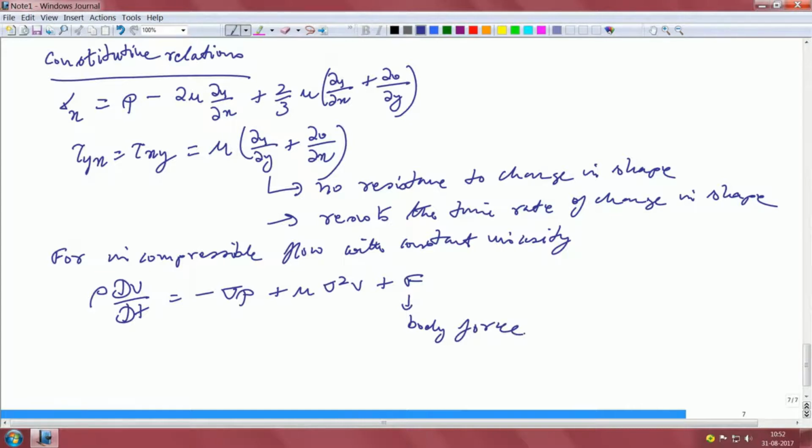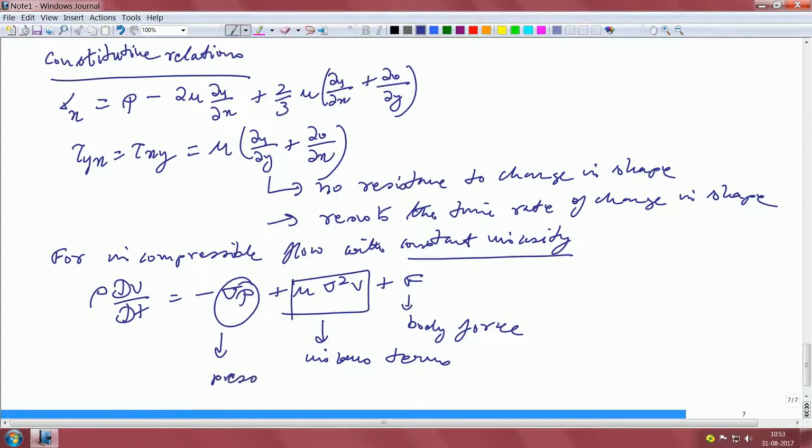using the constitutive relationships, and for constant viscosity, this is the term that you are most familiar with. This is the Laplace of the velocity field, which is basically the viscous terms. These are the viscous terms, which is viscous stress, which is basically the shear stress. This is basically the pressure term. Where does it come from?